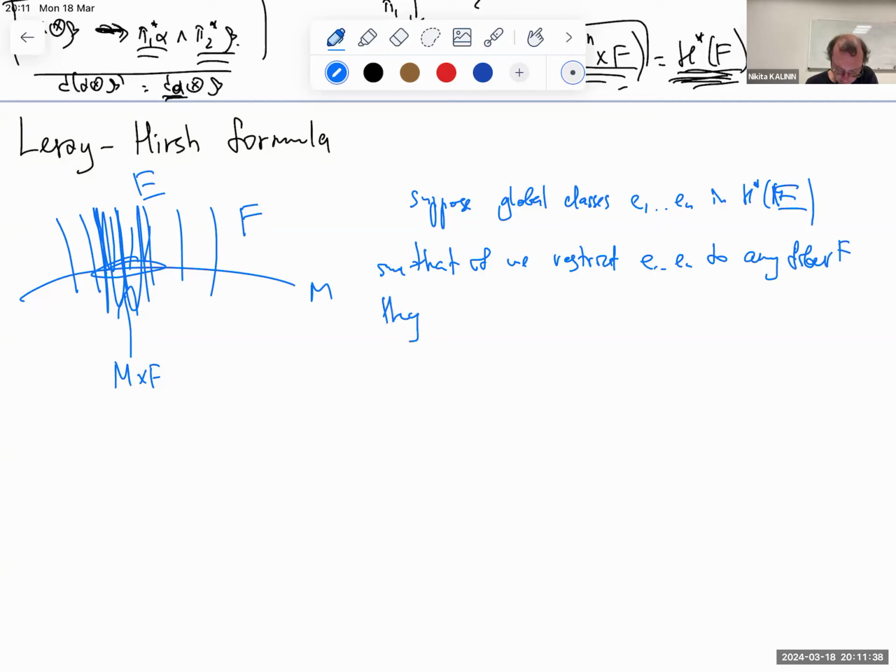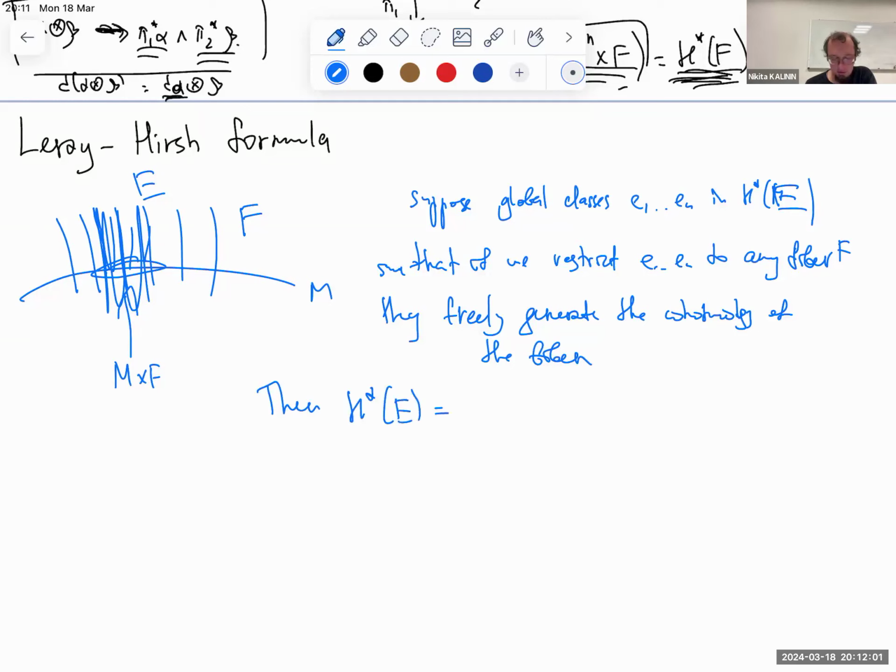They freely generate the cohomology of the fiber. Then cohomology of E is just cohomology of M multiplied by the vector space generated by these classes.